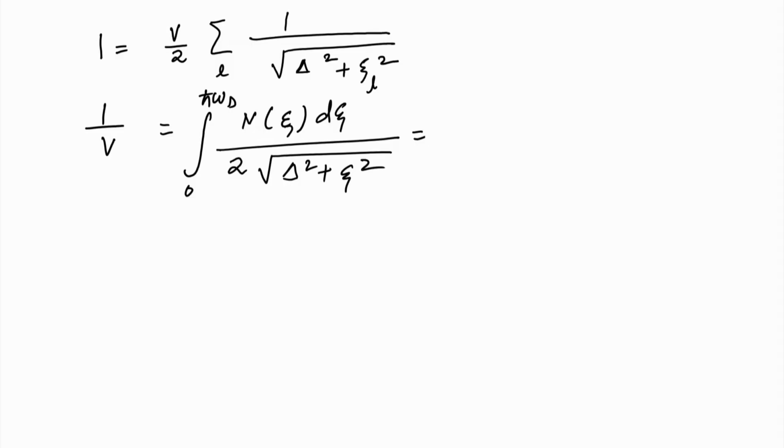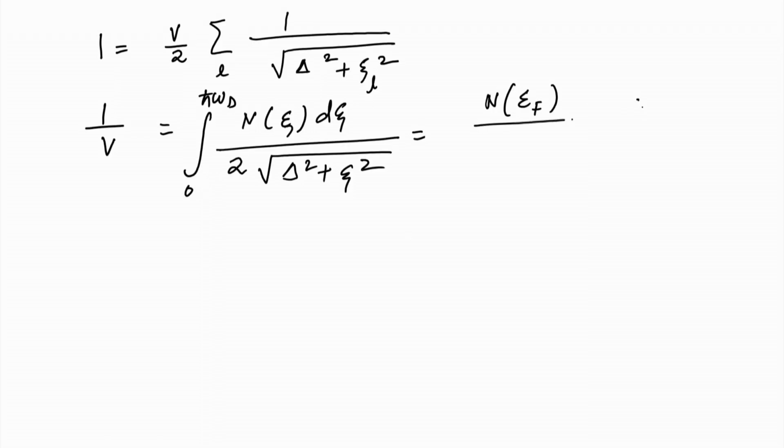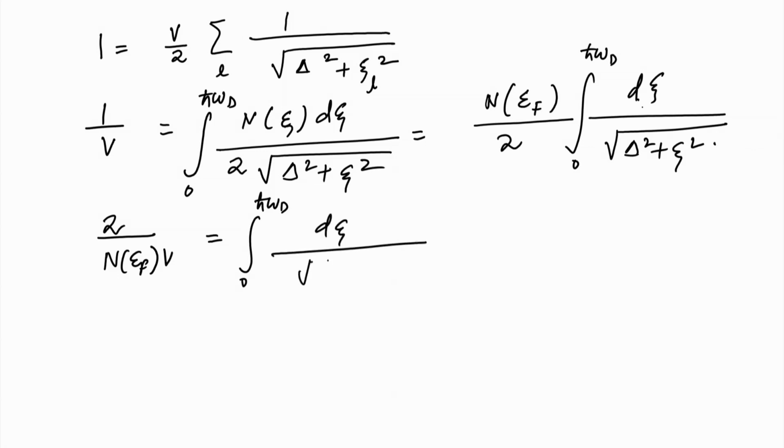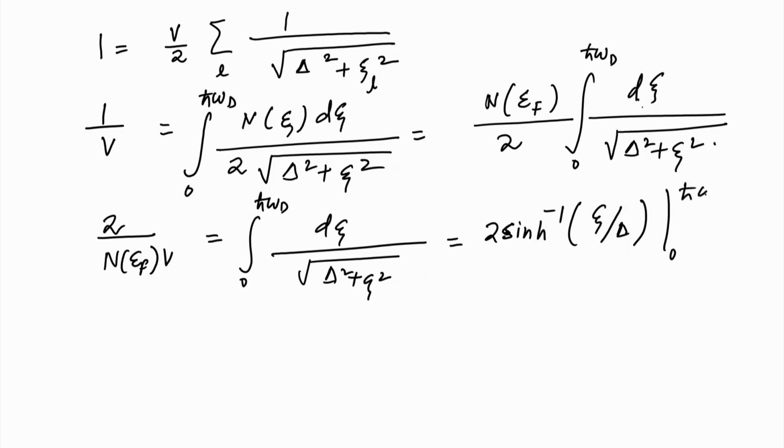So, we can write this as N(ε_F) by 2 times the integral from 0 to ħω_D of dξ over the root of delta square plus ξ square, and that tells us that this is equal to 2 by N V. This integral from 0 to ħω_D of dξ over the root of delta square plus ξ square is equal to sinh inverse of ξ by delta, from 0 to ħω_D.